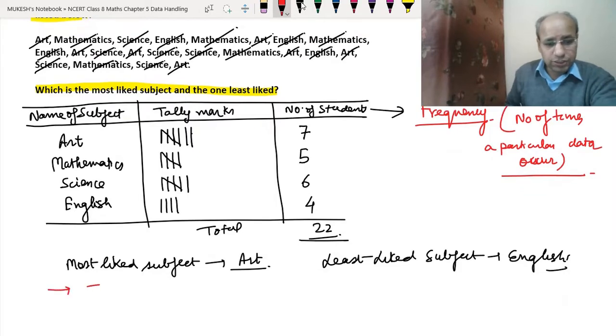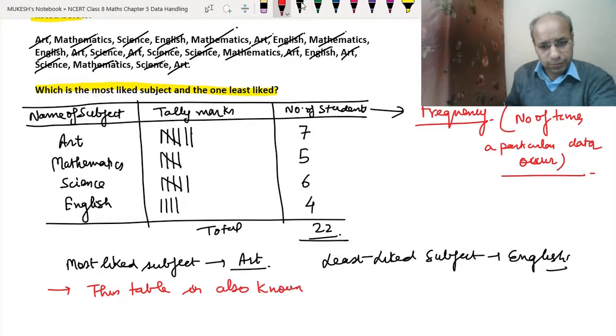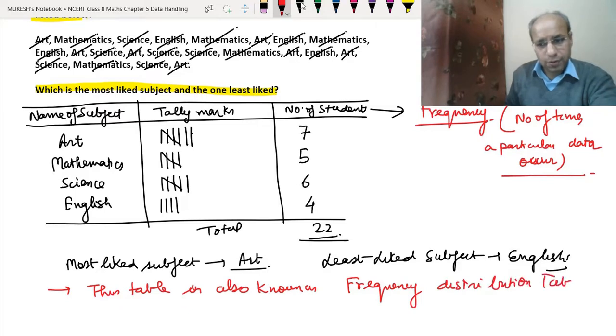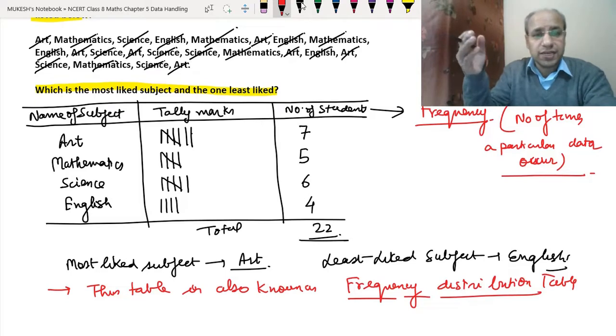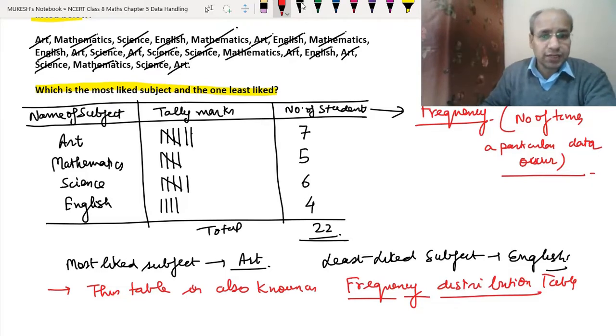So this table is also known as a frequency distribution table. Now what can you see here? When the data was not organized, we had to count each and everything. Now we have made the data in tabular form.